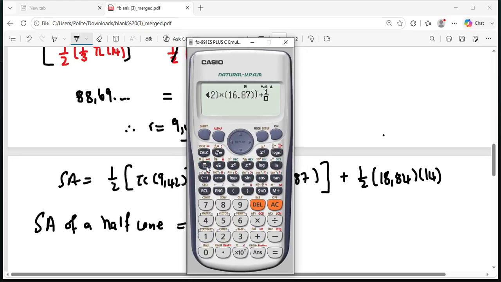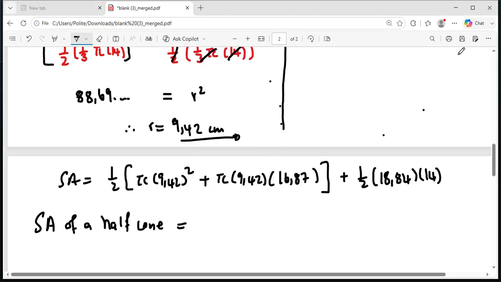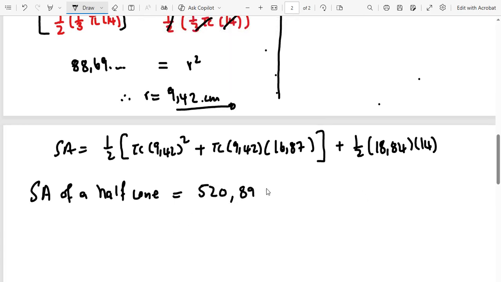Plus half of 18.84 times 14. If you miss something on your calculator, it will be wrong, but the final answer is 520.89 centimeters squared if we round it off.